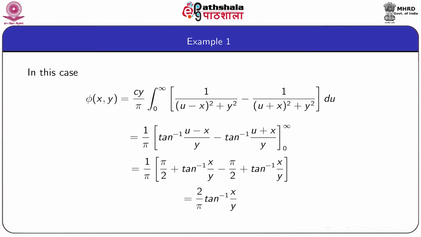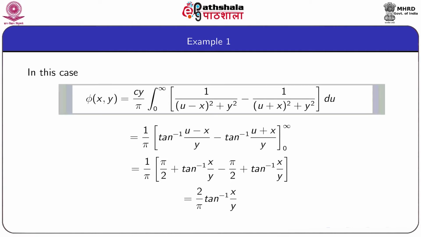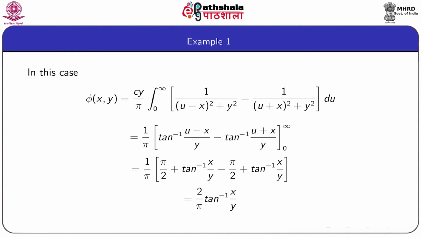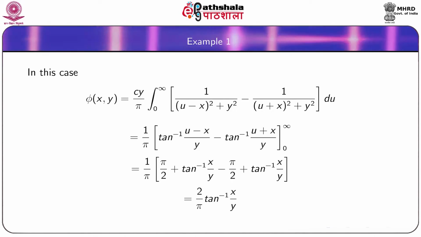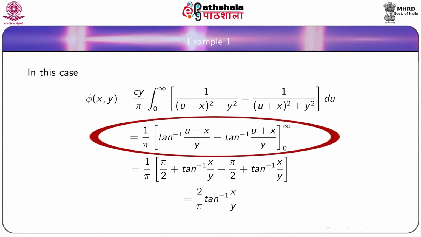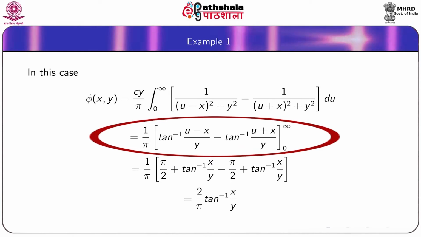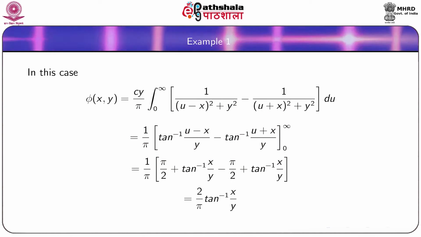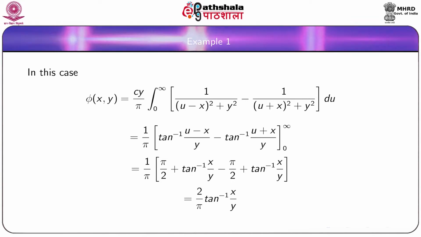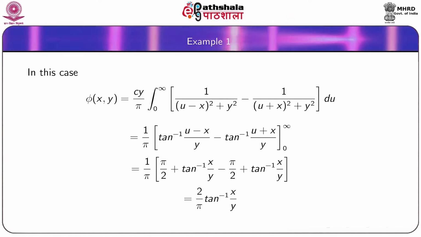In this case, after substituting fy as C, we obtain phi xy equal to C y by pi integral 0 to infinity into 1 by u minus x whole square plus y square minus 1 by u plus x whole square plus y square du, which can be evaluated as 1 by pi tan inverse u minus x by y minus tan inverse u plus x by y, u from 0 to infinity.